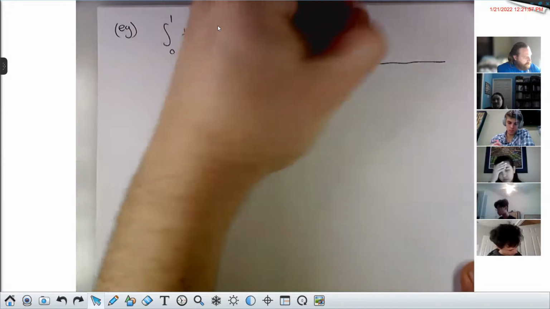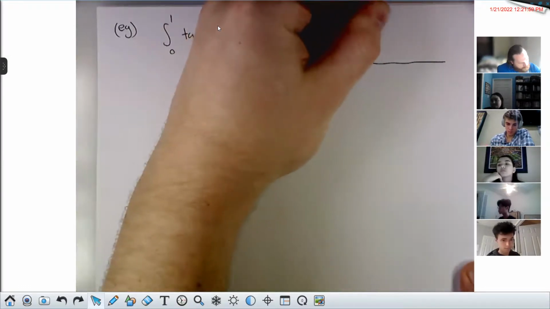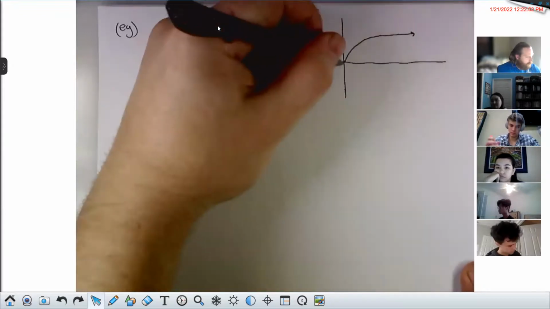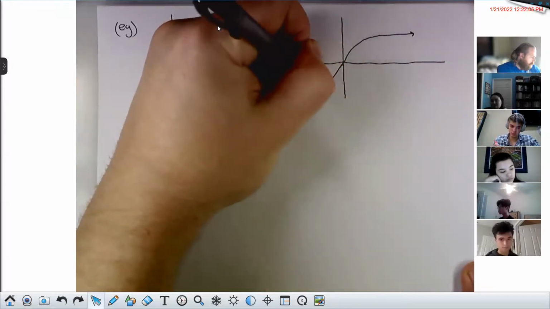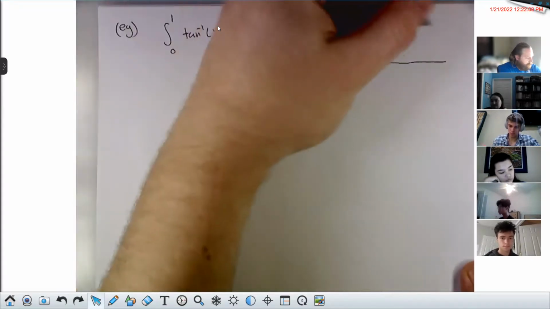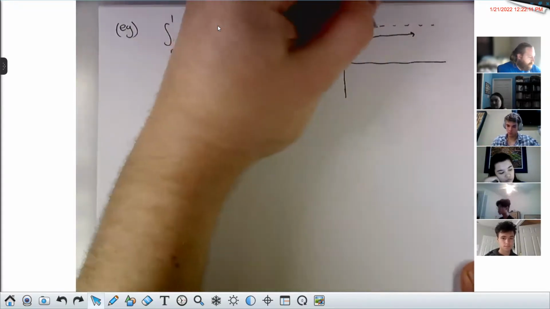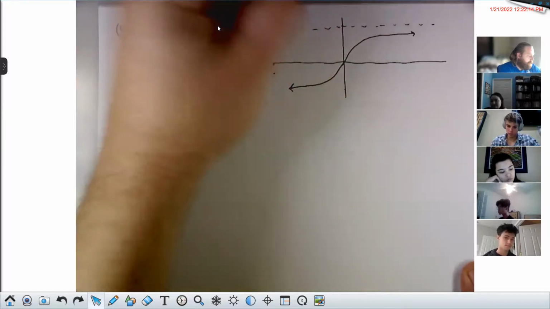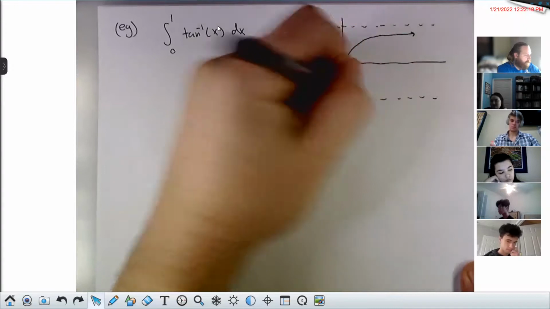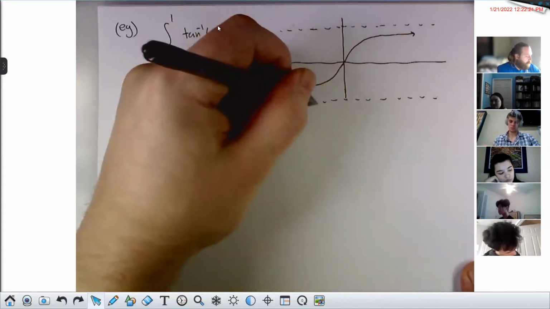The graph of the inverse tangent function is a graph you should know. It is a graph I could ask you to draw on a test. It looks like this. It is an odd function, symmetric about the origin.